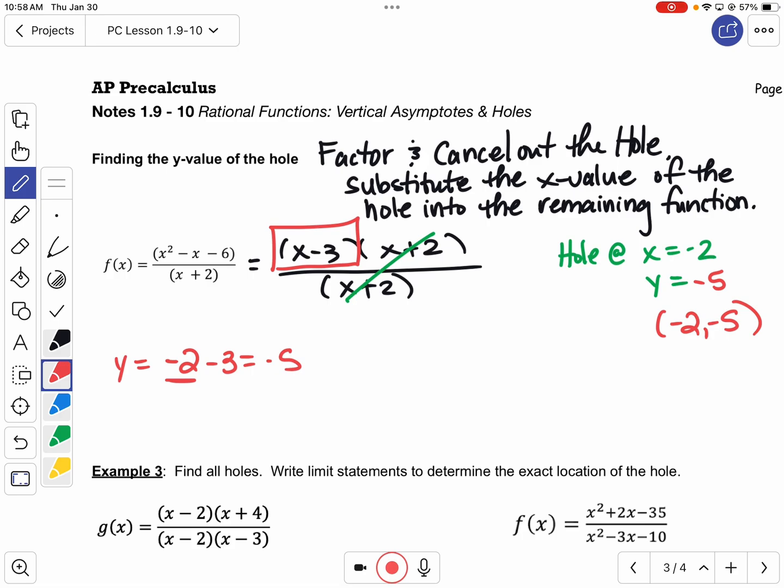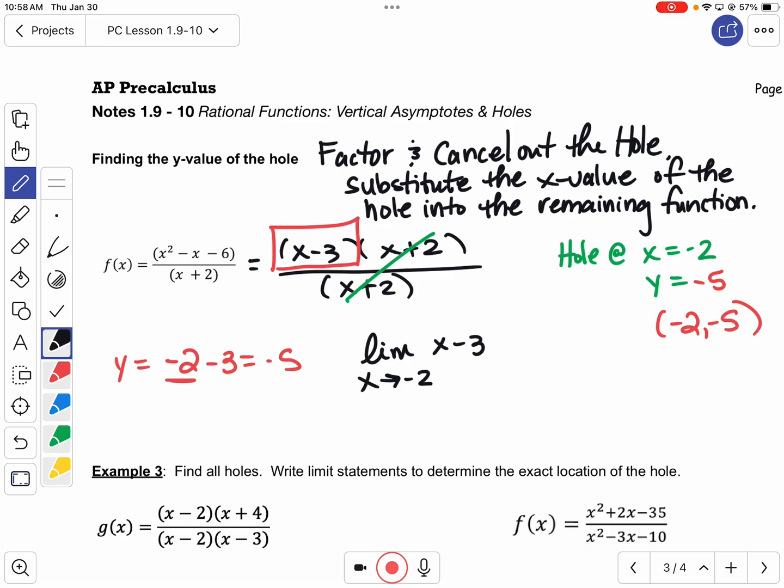Now, the limit statement, this is what this looks like, and I just want to show you this because I think it's going to ask you to write it here in a second, but I want to show you why they're the same. What we're doing is finding what the y values are getting close to when x is getting close to -2, because that's where my hole's at, of what's left. So -2 is the hole, x minus 3 is what's left from my original function.